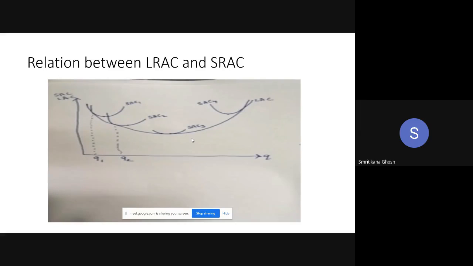It's just like you are keeping some papers inside one envelope. And this is why LAC is called the envelope curve, the envelope of infinite number of SAC curves.